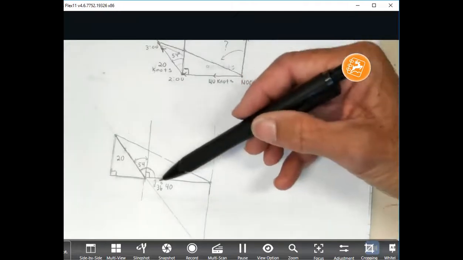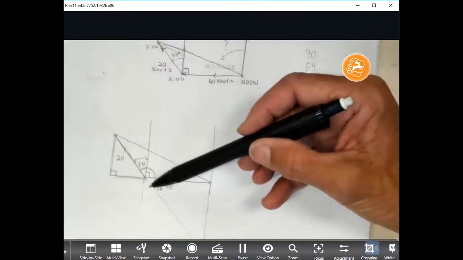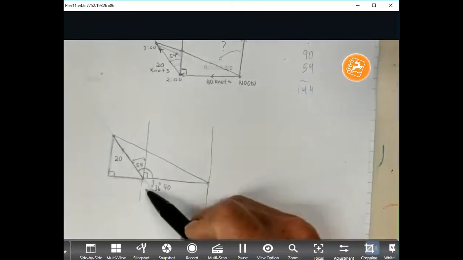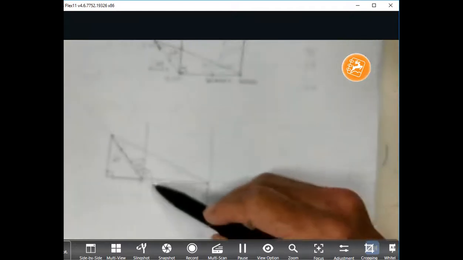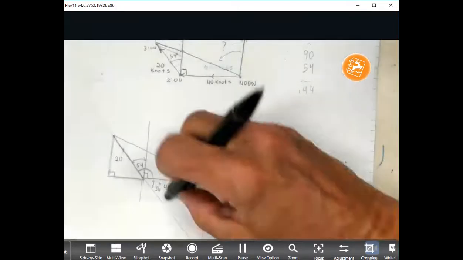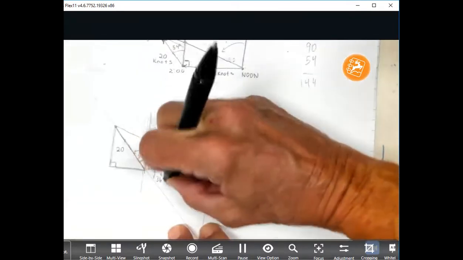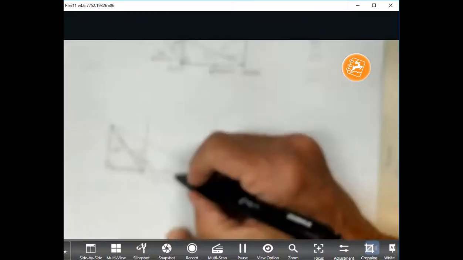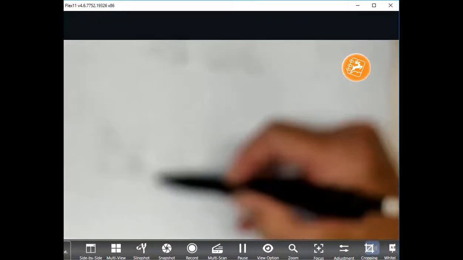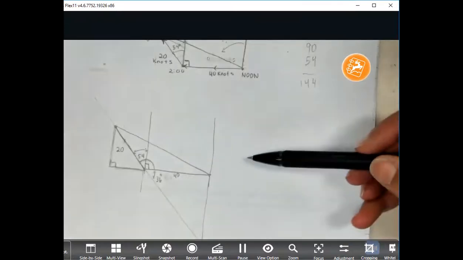That little corner right there, to the right of it. Like the alternating shorter angle?